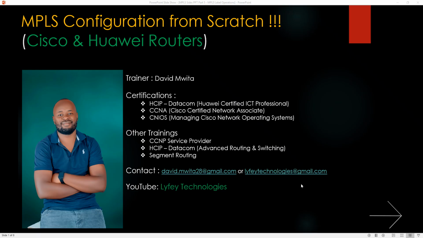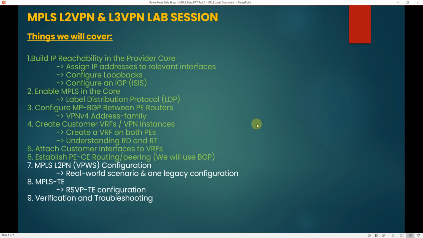Before we proceed, let's familiarize ourselves with what we have been able to do so far. We've done 4 videos already, and the ones marked in green are the key topics we have covered. In the last video, video number 4, we concentrated on configuring MPBGP, creating customer VRFs, and assigning those VRFs to specific interfaces connecting to our customers.